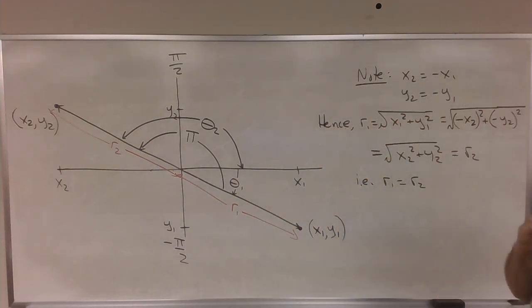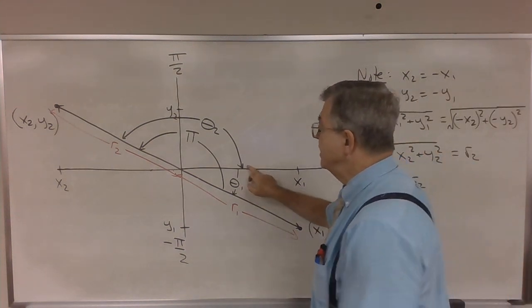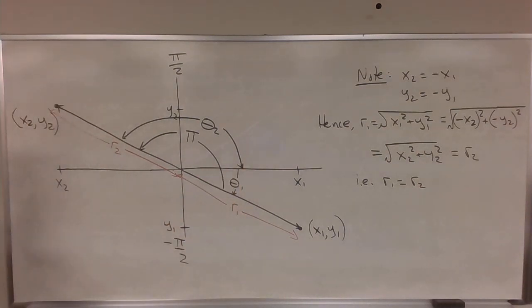So the magnitudes or moduli are the same. Now the angles certainly aren't. This is theta 1 and this is theta 2. They're definitely not the same.